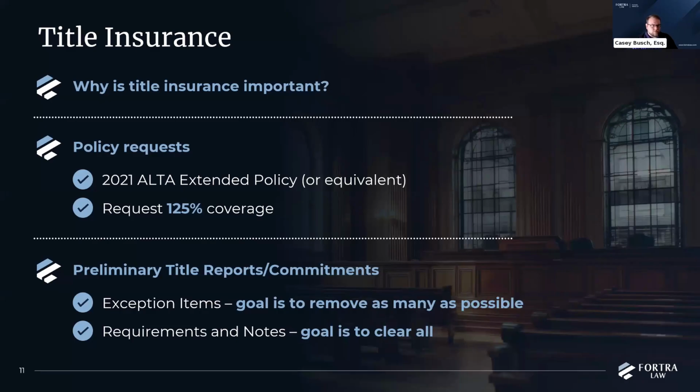So you're going to want title to cover those interest expectations, those additional advancements. And that's why we request 125% on our loan documents. If you're comfortable going with 100%, this isn't a requirement, but that's generally what we recommend going for is 125.